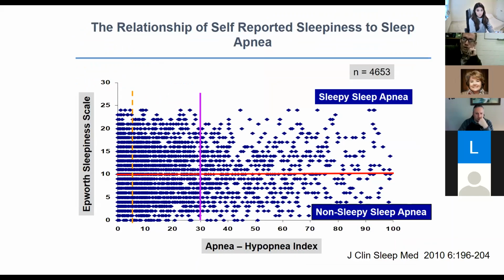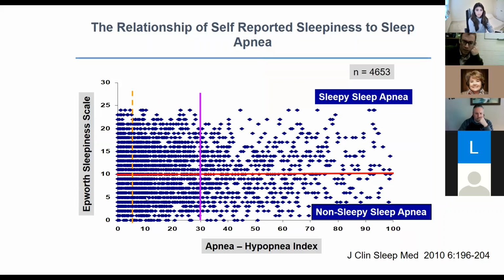And this is just to show you the relationship of self-reported sleepiness to sleep apnea severity. The Epworth Sleepiness Scale, which is frequently used in most sleep clinics to delineate subjective sleepiness, a score of 10 or greater suggests you're sleepy.